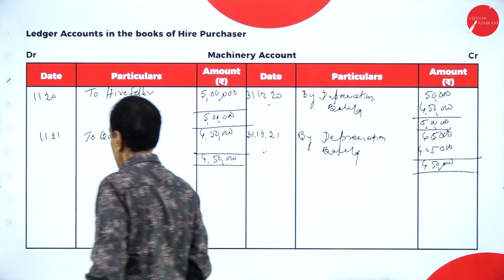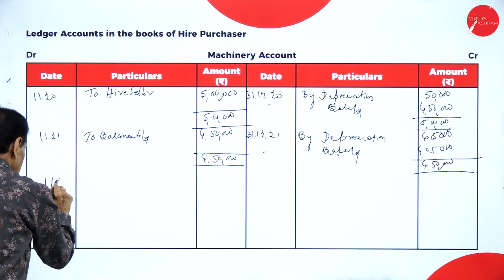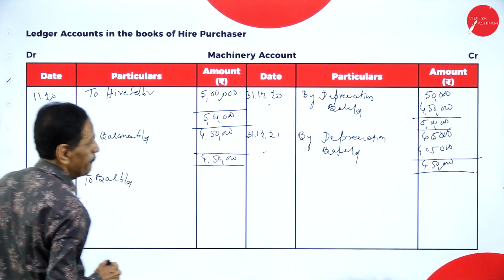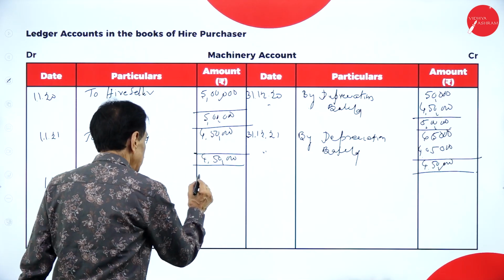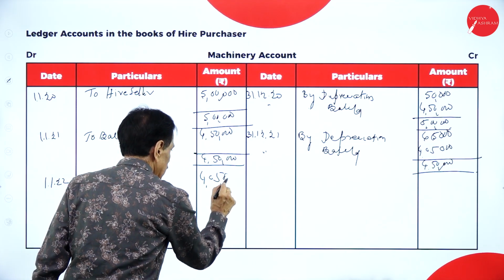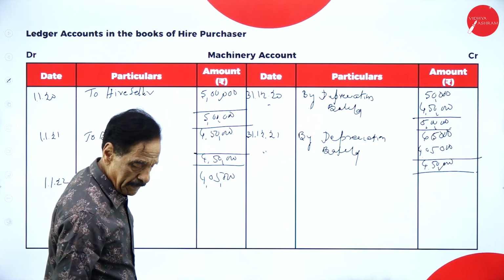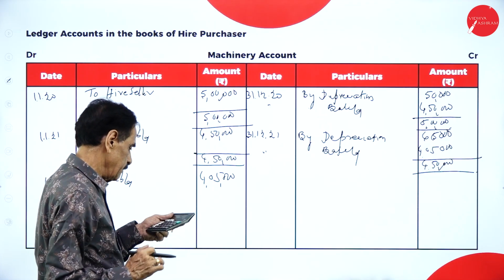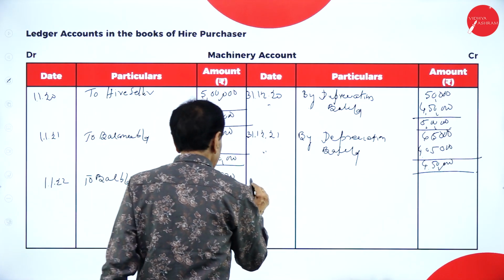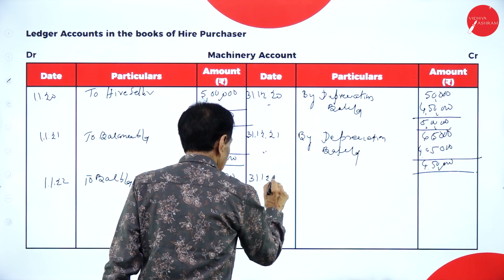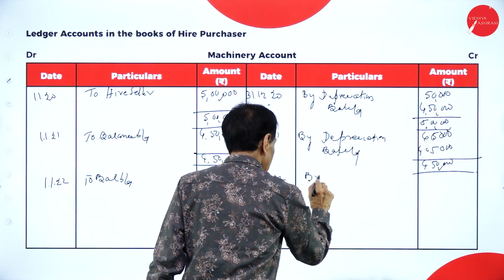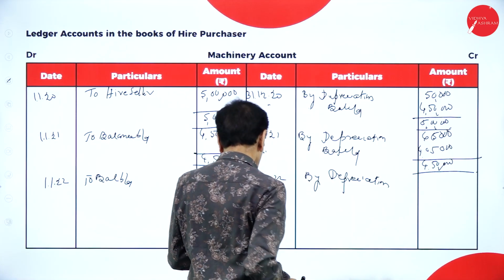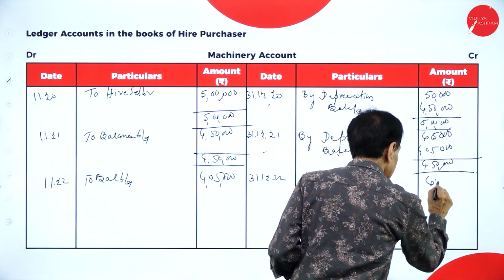Third year, 1/1/22, to balance brought down, it is 4,05,000. 10% on this, 40,500, by depreciation, 40,500.